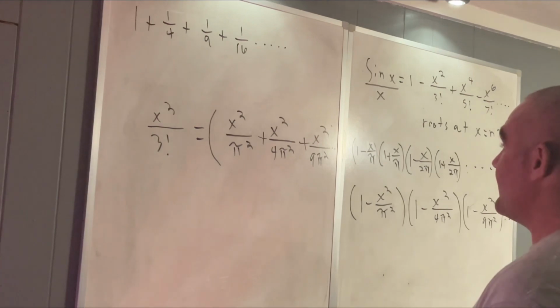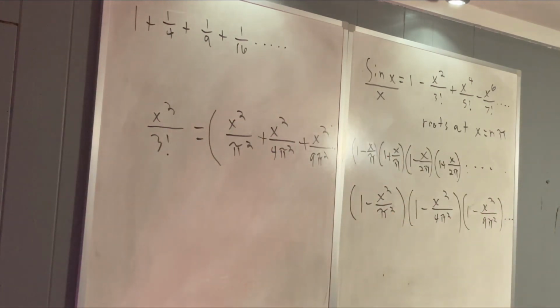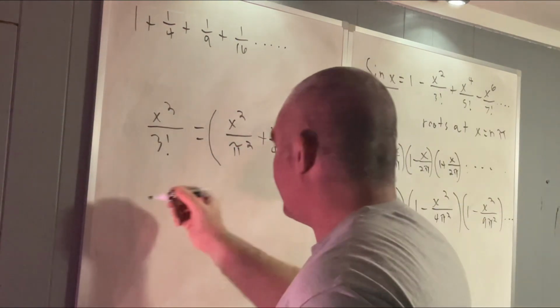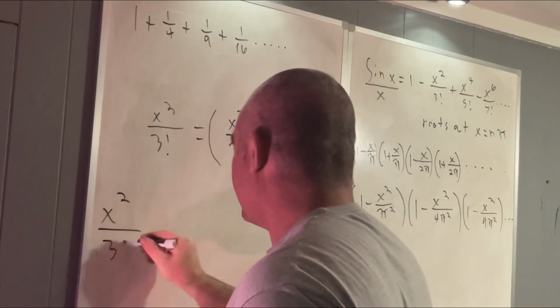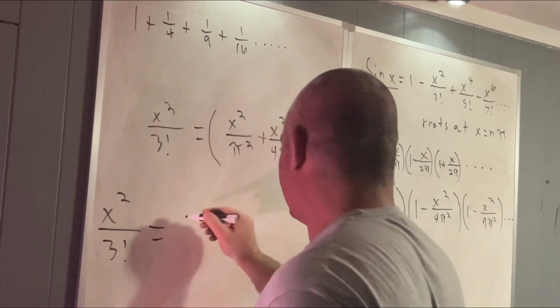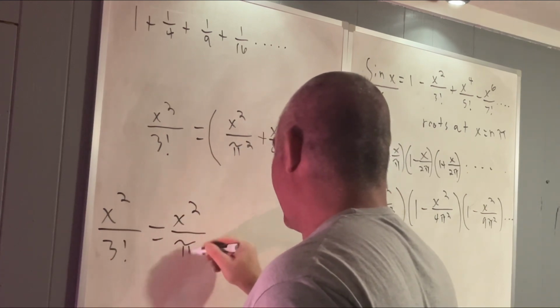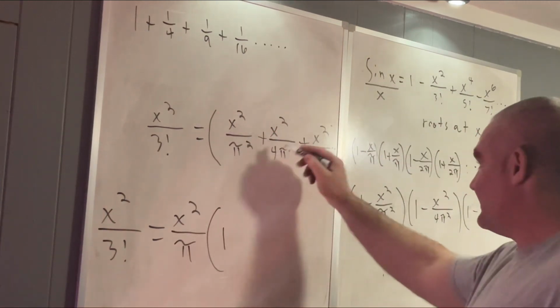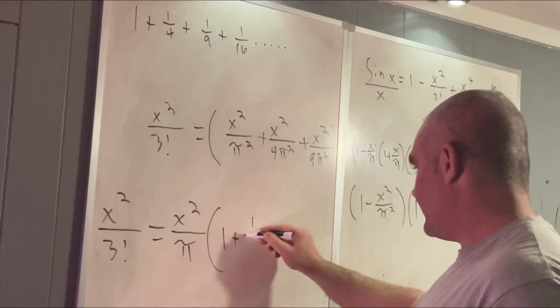Okay, let's factor out an x squared over pi squared from this infinite sum right here. So we have that x squared over 3 factorial is equal to, let's see, we factor out the x squared over pi squared, and then this would be 1. This divided by x squared over pi squared is 1 over 4.